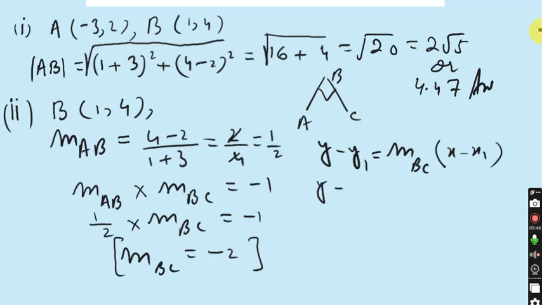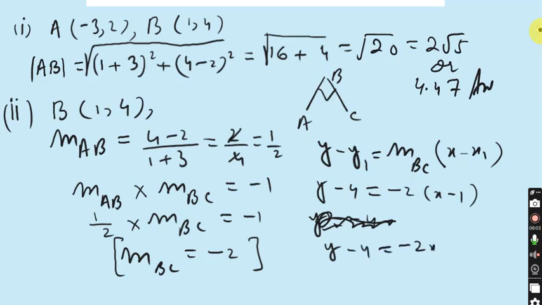So y minus 4 is equal to -2(x minus 1), that is y minus 4 equals minus 2x plus 2, or you can write y is equal to minus 2x. Negative 4 becomes positive 4 on the other side, and positive 4 plus 2 is positive 6.